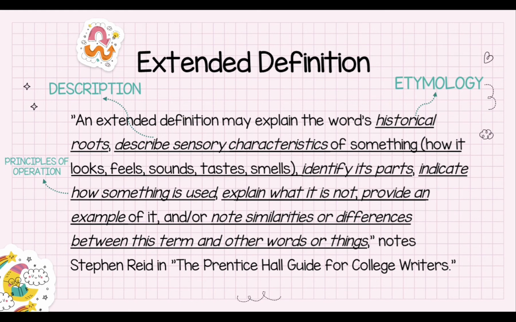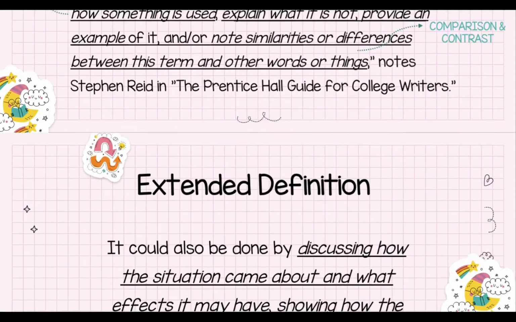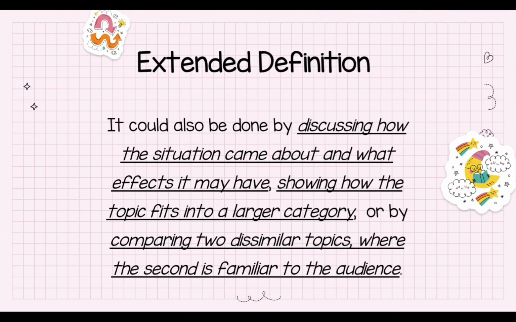When you explain what it is not by providing examples or noting similarities or differences from other terms, that is comparison and contrast. Aside from those four, you can also discuss how a situation or something came about and its effects. That is cause and effect. If you show how it fits into a larger category, that is classification.